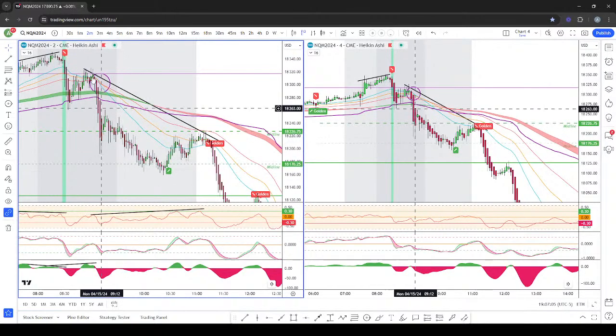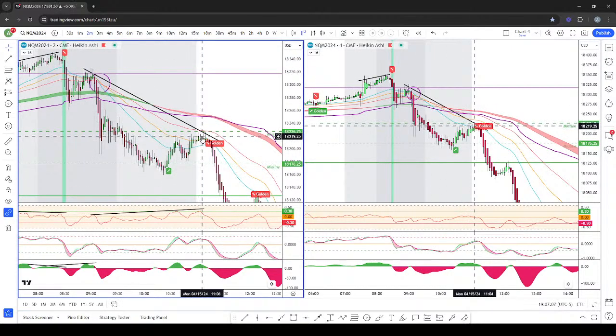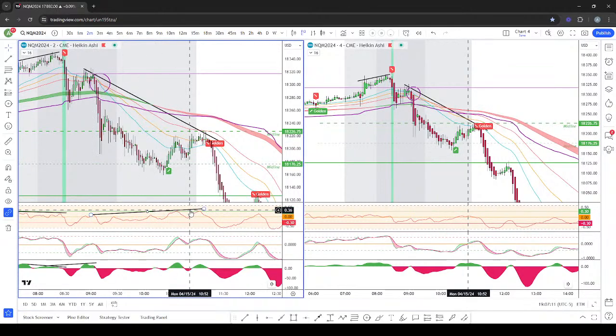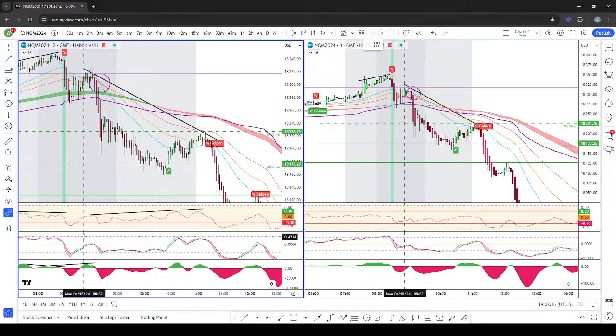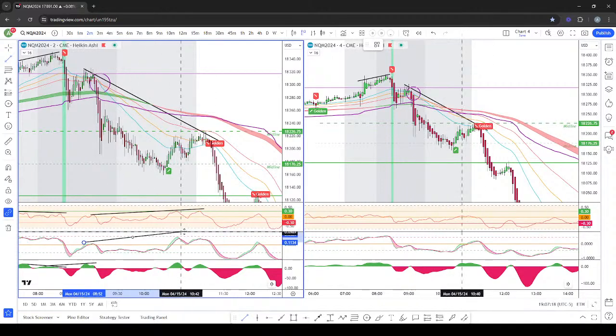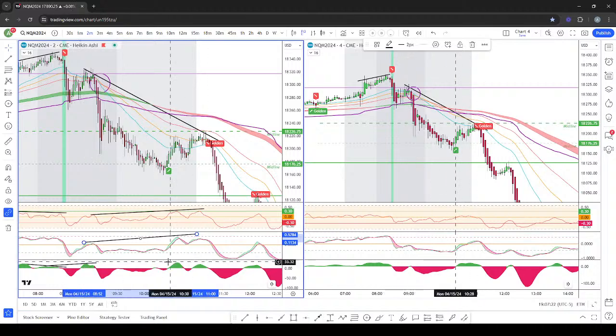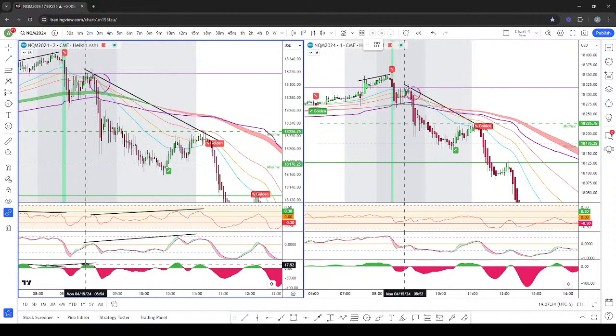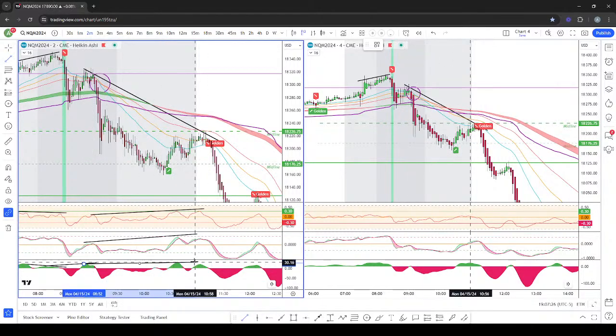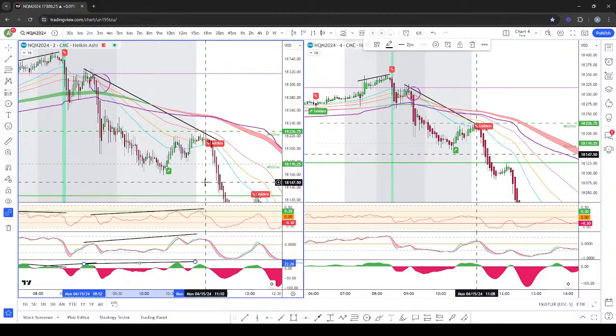You can see right here how price is making a lower high, and the oscillator is making a higher high. And you can see that also on the TSI right here, and also on the TTM squeeze. It's going up higher on this end right here.